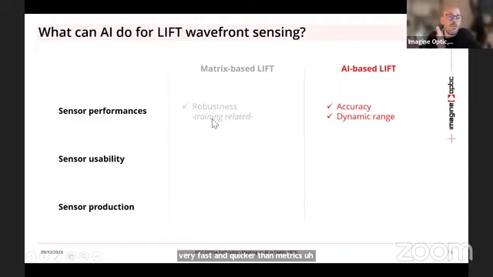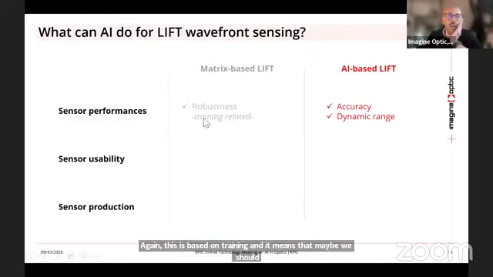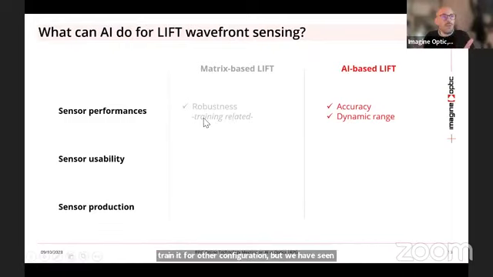Again, this is based on training, and it means that maybe we should train it for other configurations, but we have seen that unexpected events affect it a lot. And when I say unexpected event, it might be that you have a little bit of dust at some point on your sensor and something like this. So, a situation you didn't foresee.